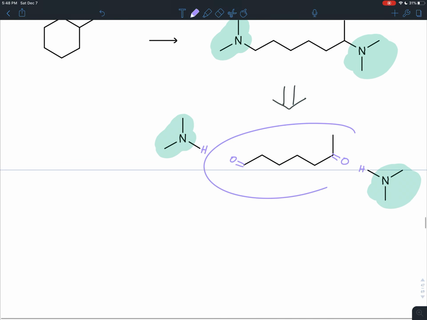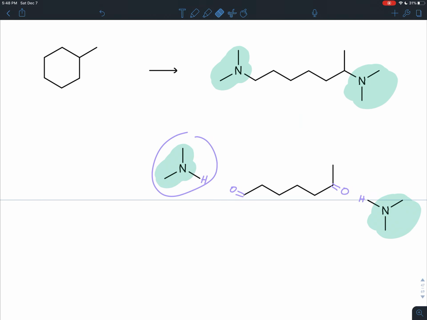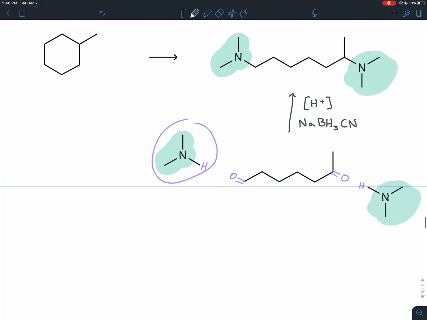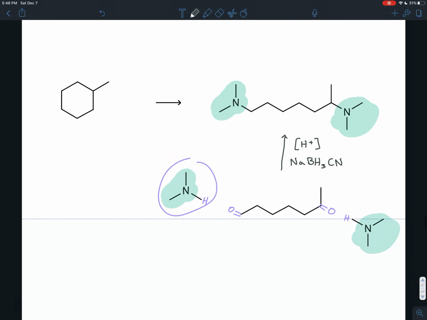But if we had this aldehyde ketone molecule and these amines, we could put them together, do a reductive amination in the presence of catalytic acid and a weak reducing agent like sodium cyanoborohydride, NaBH3CN. That would turn into the amine that we want, or the diamine that we want, this molecule with two amines on it.